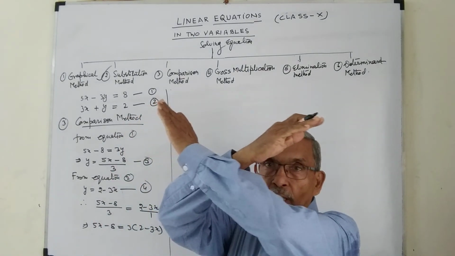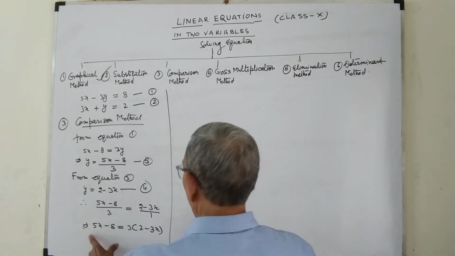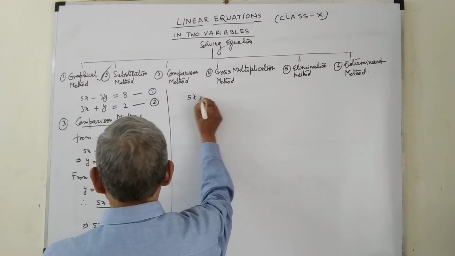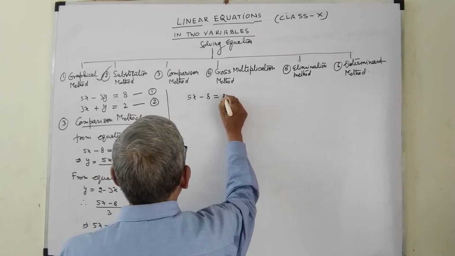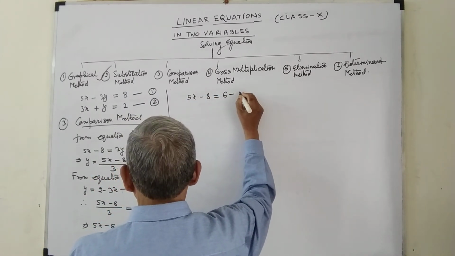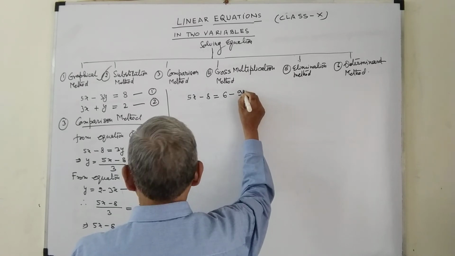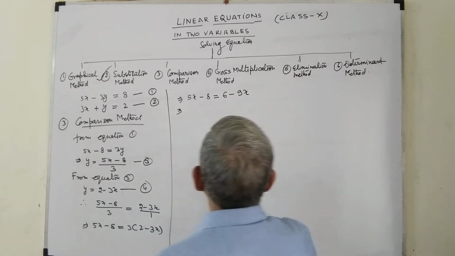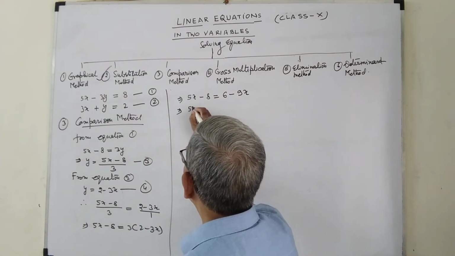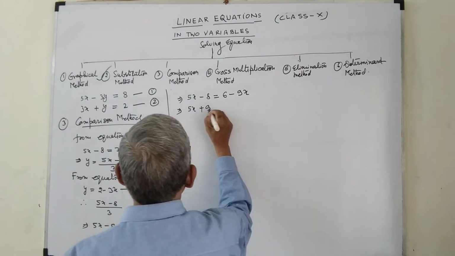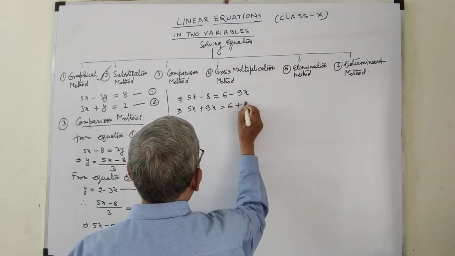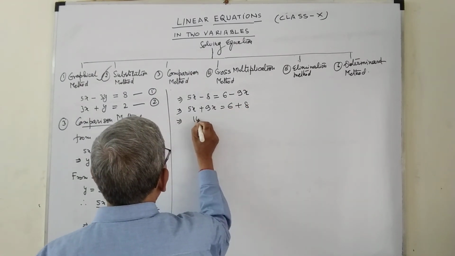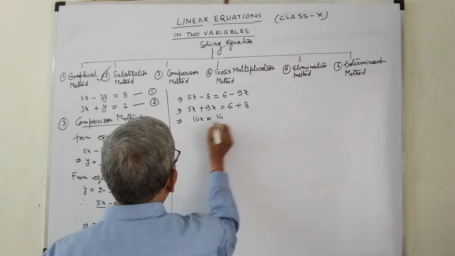So 5x minus 8 is equal to 6 minus 9x. Let us transfer: 5x plus 9x is equal to 6 plus 8. So 14x is equal to 14.